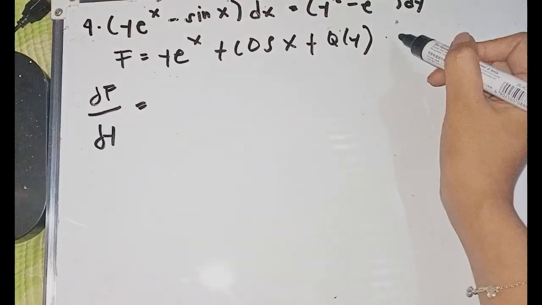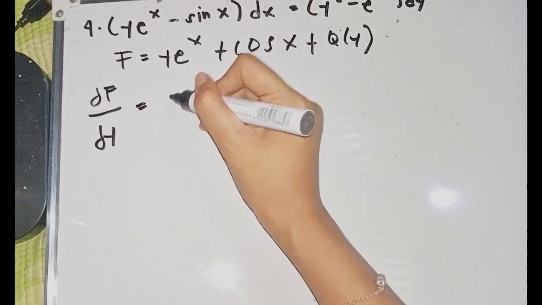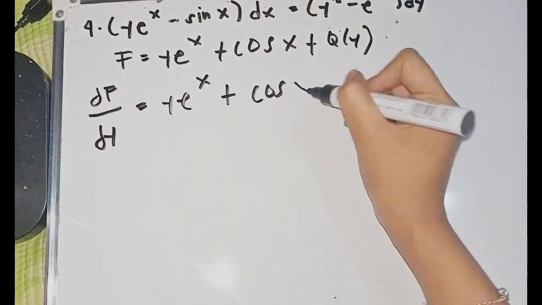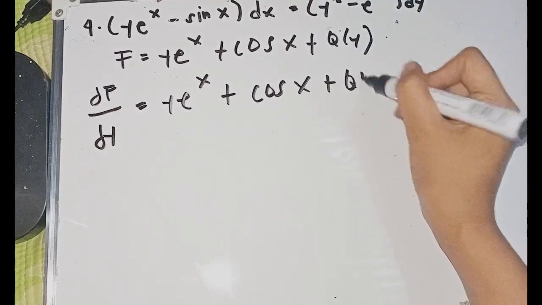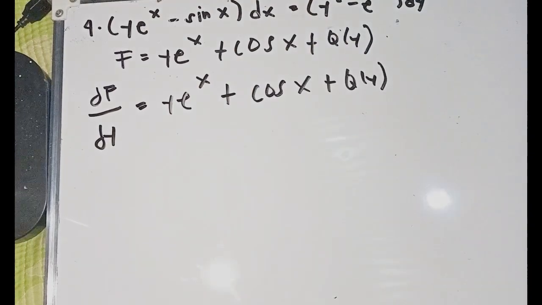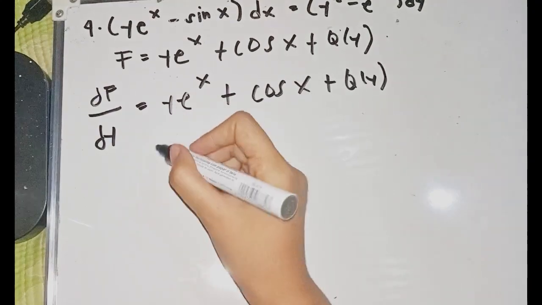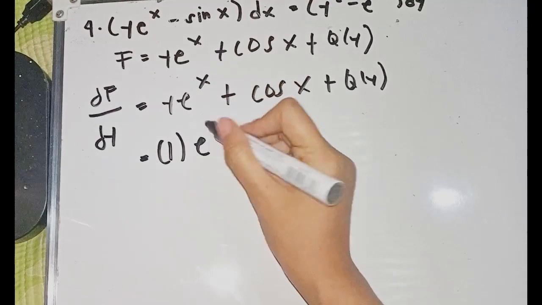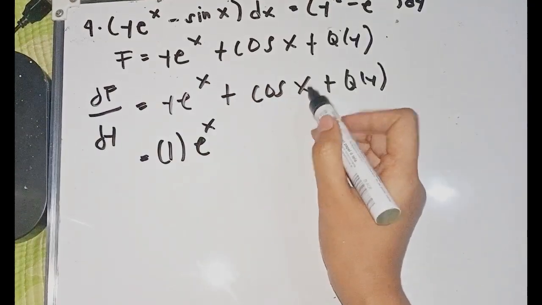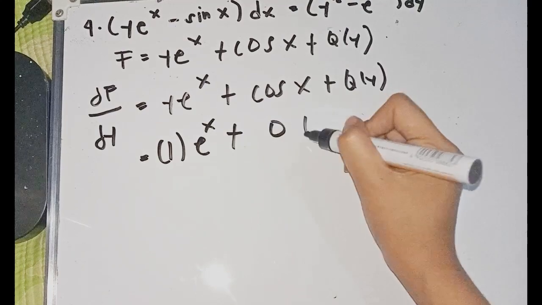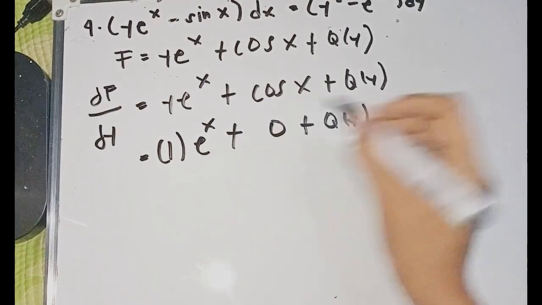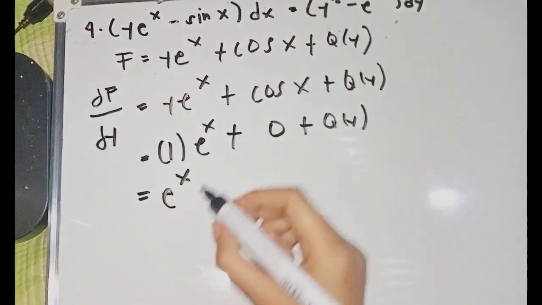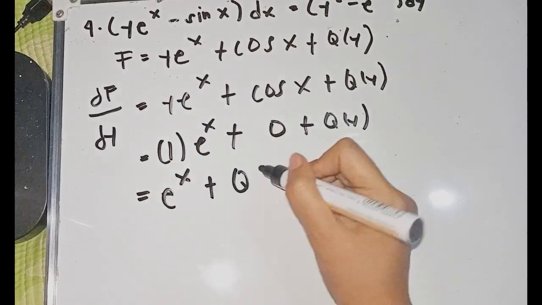We will use our f, which is y e^x plus cos x plus g of y. The derivative of y is 1, then we just copy the e^x. Then cos x will be 0, plus g prime of y. So this will be e^x plus g prime of y.